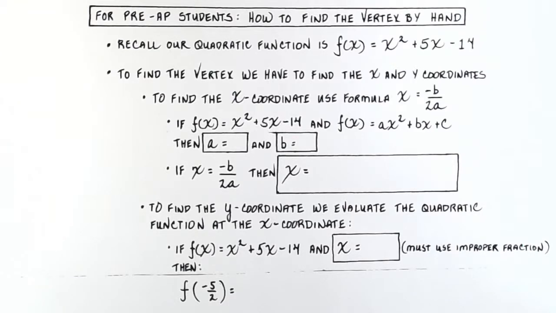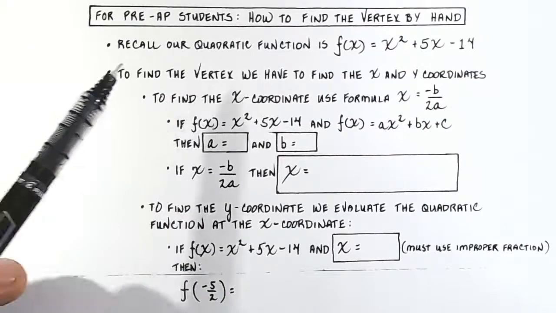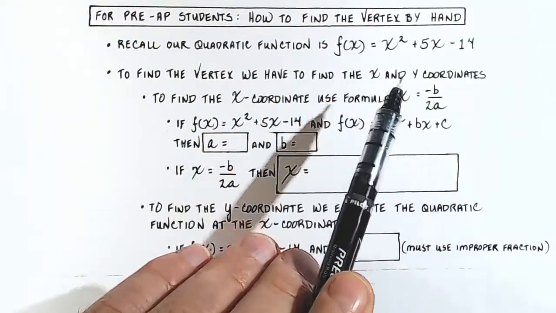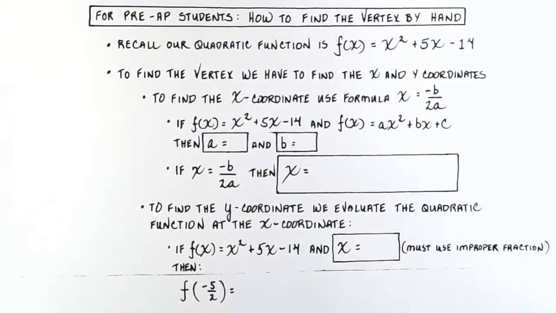So in the worksheet that this page is a part of, we discovered by foiling out a factored form quadratic equation that our quadratic function is f of x equals x squared plus 5x minus 14.